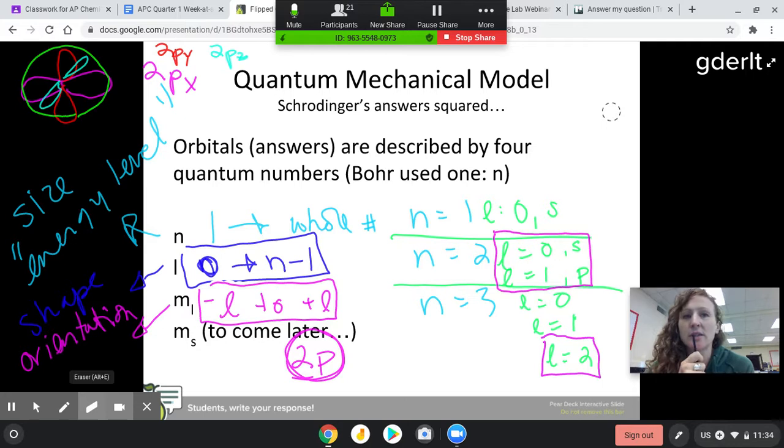Type it in to Pear Deck when you have an answer. How many different orbitals can the 3D suborbital have? How many different orientations can the 3D suborbital have?